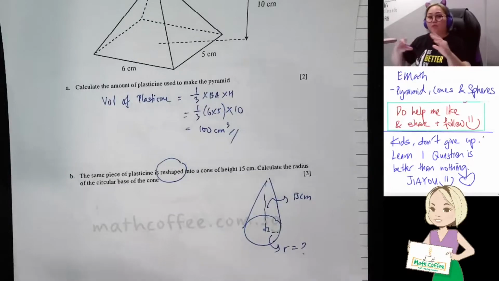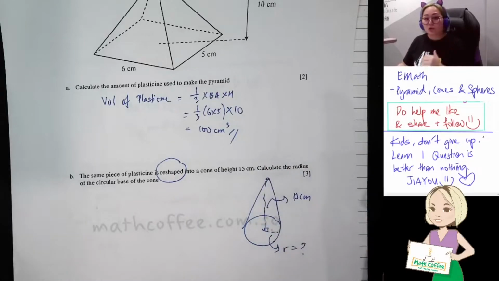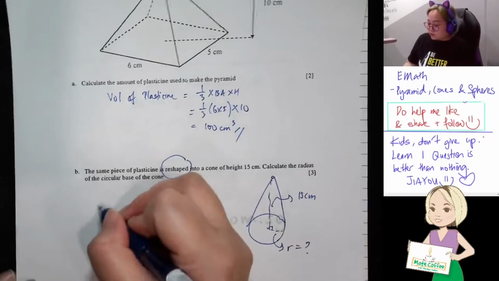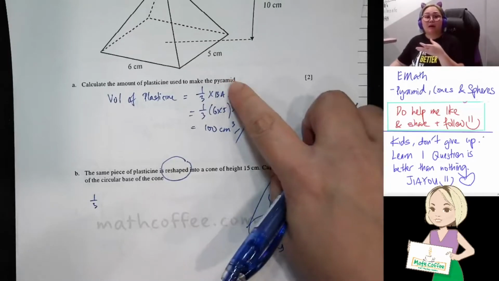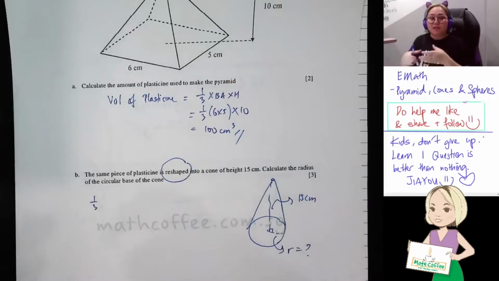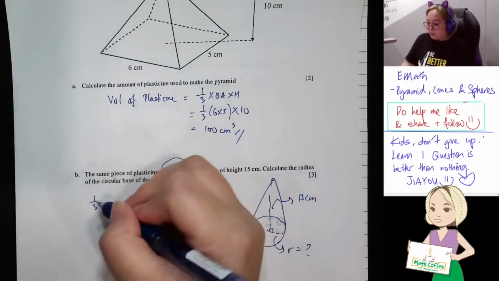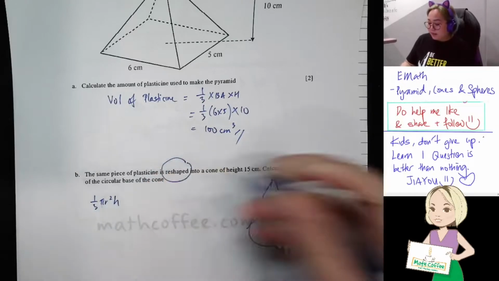So first you write out the formula to find the volume of a cone. So cone, because again it has a vertex, so it is also 1/3. So that means 1/3, and it's actually also 1/3 times base area times height. It's just that for cone, my base area is a circle. So that's why we use pi r squared. So it's 1/3 pi r squared multiplied by the height.